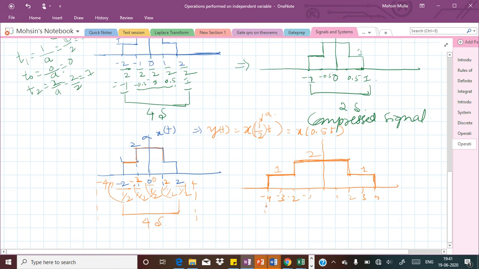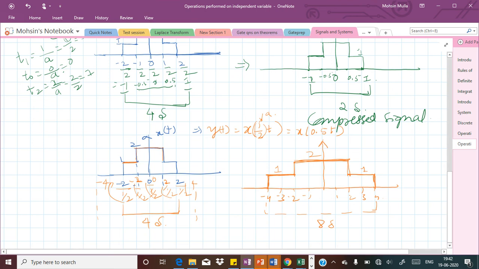Now from minus 4 to plus 4, how many seconds will it take? 4 minus of minus 4 is 8 seconds. So here the time has increased to twice that of the earlier signal's time. This means that the signal gets expanded, and also the signal will be played in slow motion. That is what happens in this particular time operation of the signal.